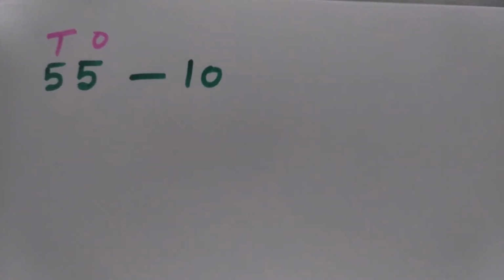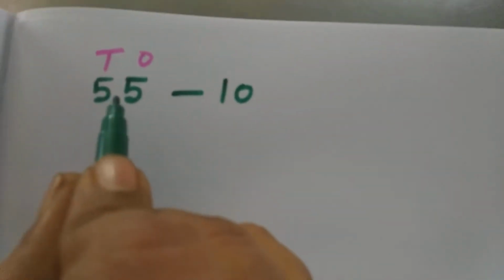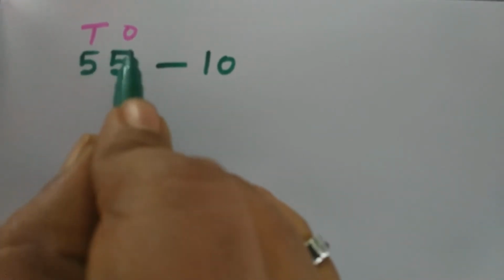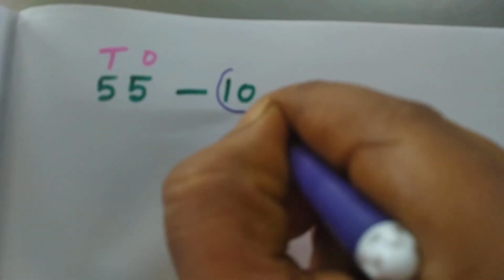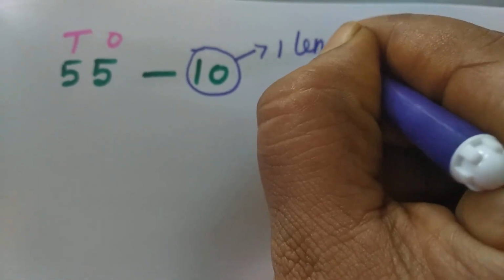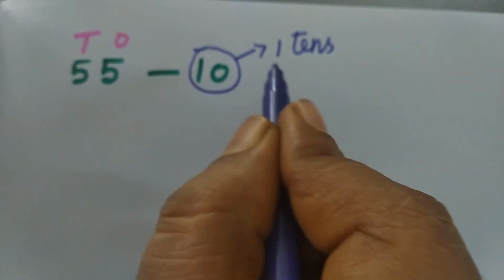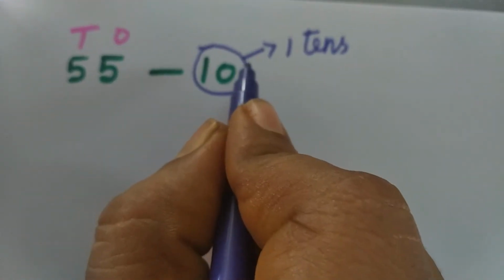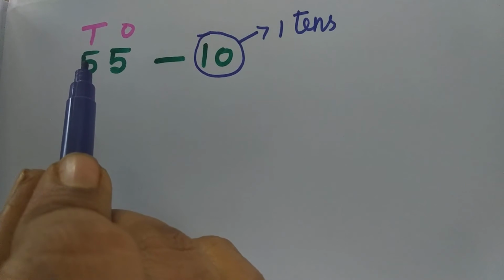Okay, now see this. 55 minus 10. You just write ones and tens place for this number alone. So minus 10 means it represents 1/10. So 1/10 means here no ones. So you are subtracting 1/10 from this tens place number.